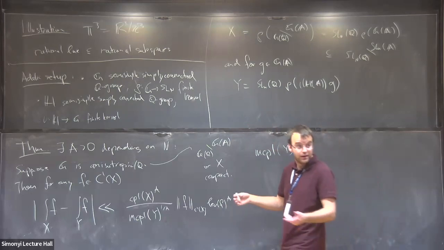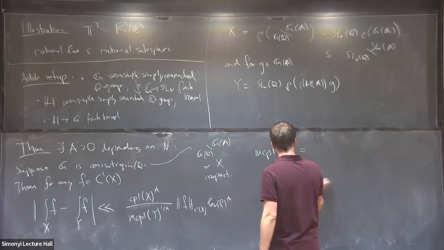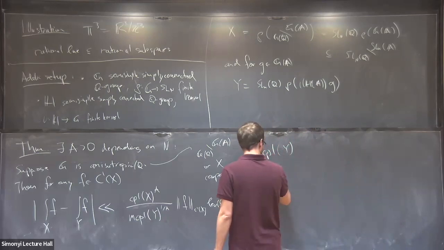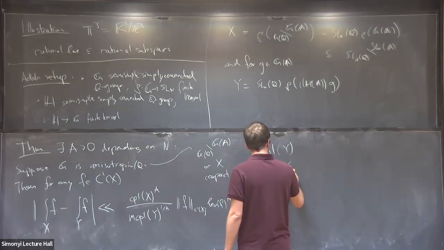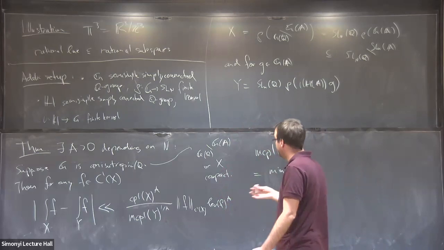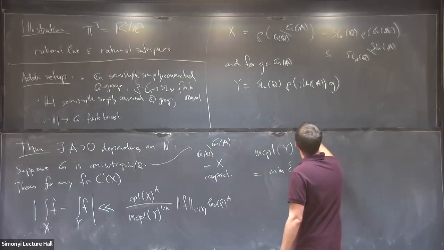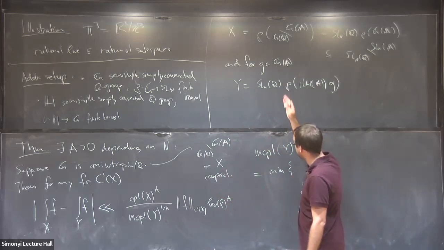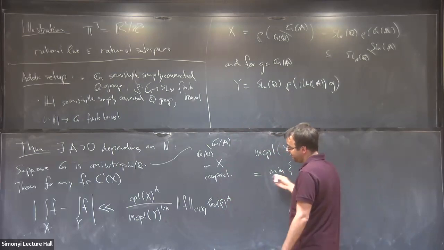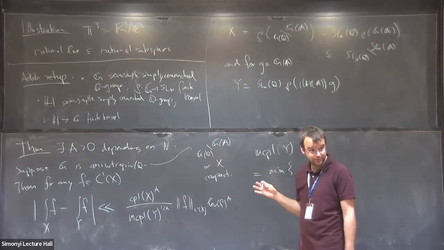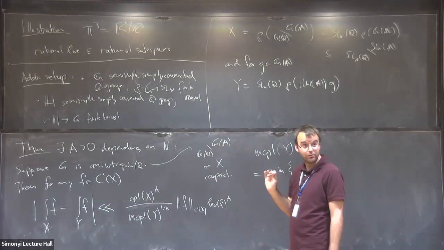What is it? Let's have some more space. I'm taking the minimum of all of the objects that could sit between y and x, much like on the torus that we saw before.